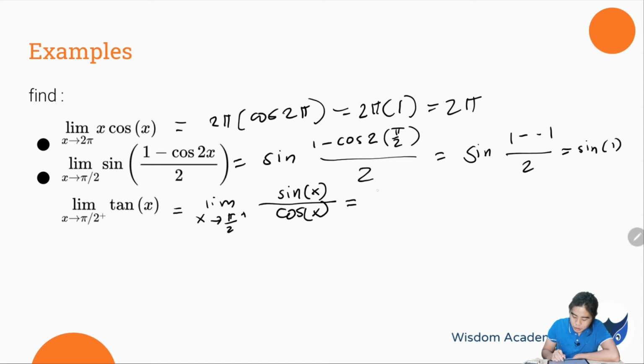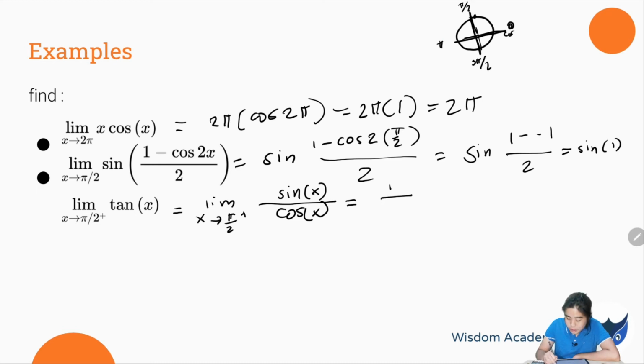Directly substituting, sine pi over 2 will be equal to 1, and cosine pi over 2 will be equal to 0. Pero, from the right of pi over 2, kung maalala natin yung trigonometric circle, this will be 0, pi over 2, pi, 3 pi over 2.